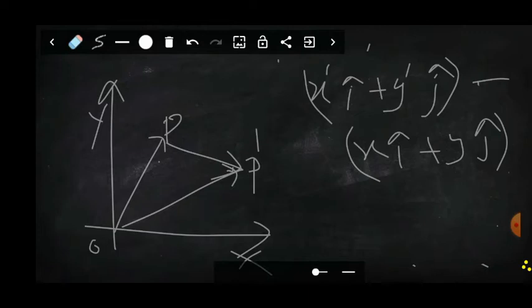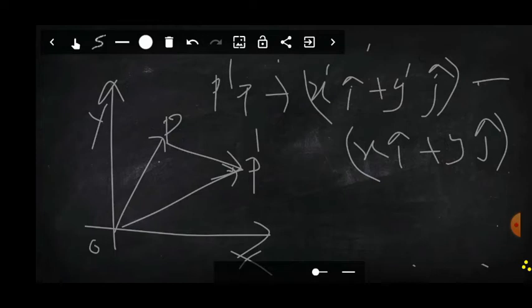That gives the displacement vector. The displacement vector is from the initial position to the final position, that is, the position change taking place from P to P dash. P P dash is the displacement vector, and that is the difference.